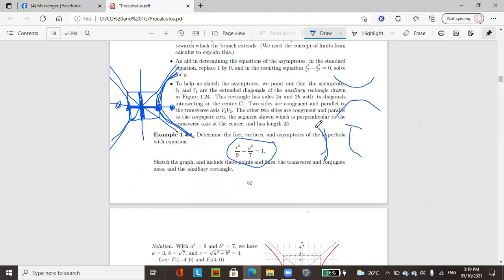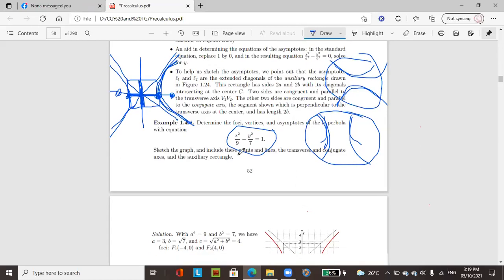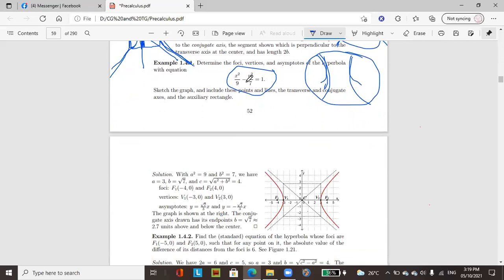So this is the shape of the hyperbola when the x variable is positive, and this is the shape when the y variable is positive. In this case, as you can see, the x variable is positive. So whichever variable is positive, its denominator is a.